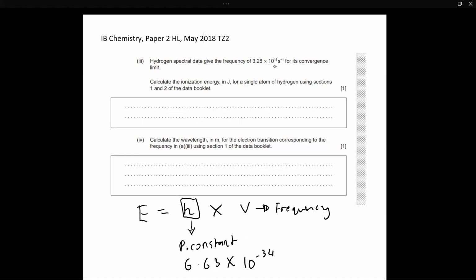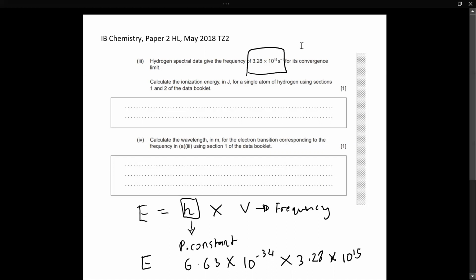We multiply Planck's constant by the frequency, which is also given to us in the question: 3.28 times 10 to the power of 15. So this is the frequency. We know everything, so this is very easy. Just put this into your calculator and you will find the ionization energy.